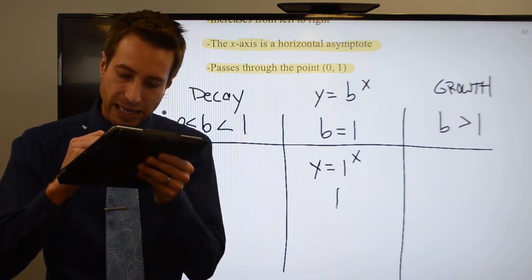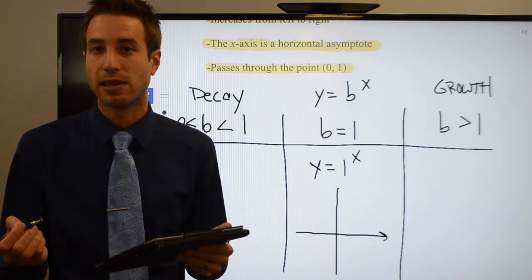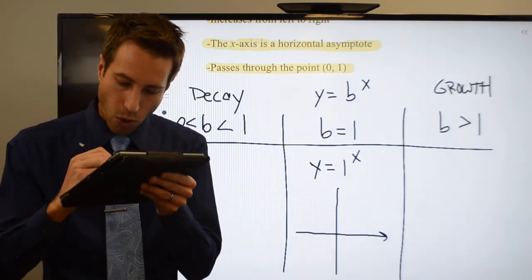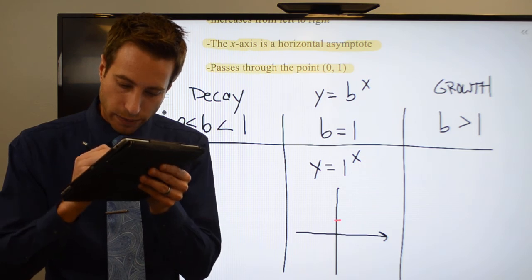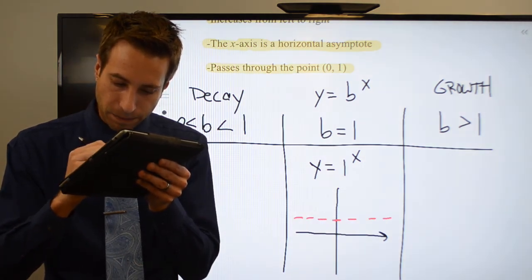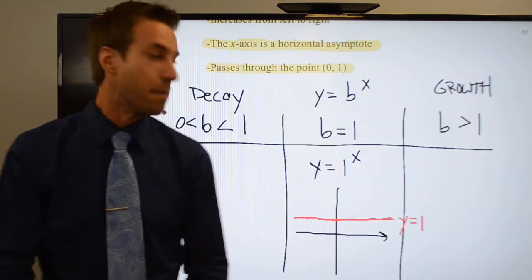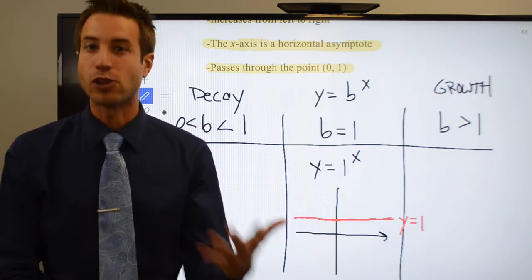What that means is you wind up with a graph that is the constant function at y equals 1. So you'd wind up with a graph running right through here. This is y equals 1, because 1 to any power is always going to be 1.